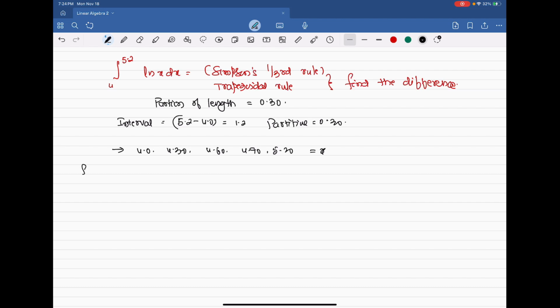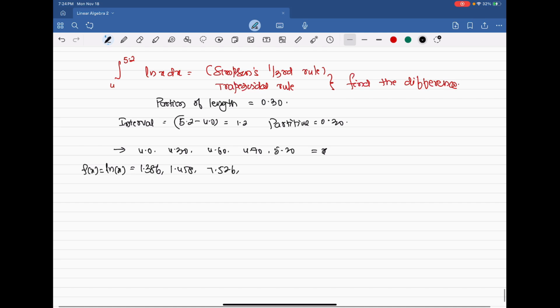Then what is the function? The function is equal to ln x. What is ln 4? 1.386. What is ln 4.30? 1.458. What is ln 4.60? 1.526.